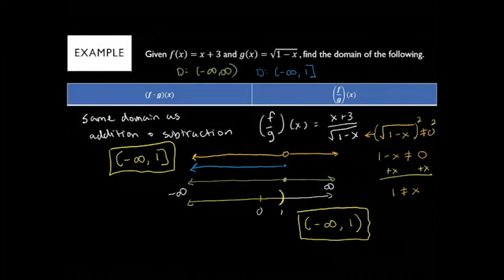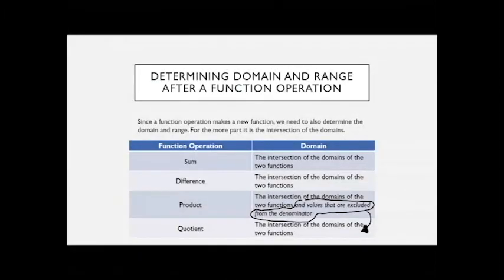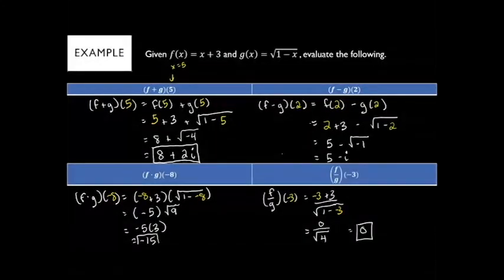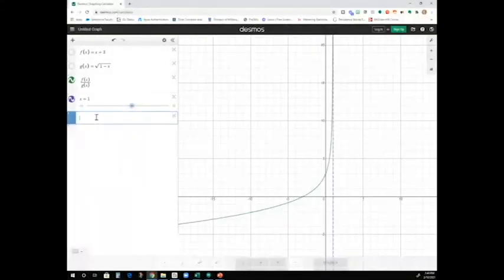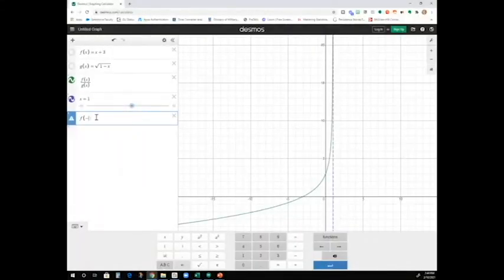And what's really nice with Desmos, if I go back to, say, one of these when we were plugging in these numbers, let's say I do the bottom left with the multiplication. So f of -8 times g of -8. That's what that multiplication means. You can type it in and it will give you the same answer.